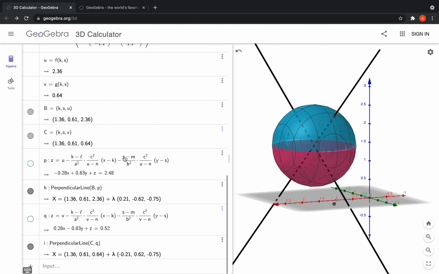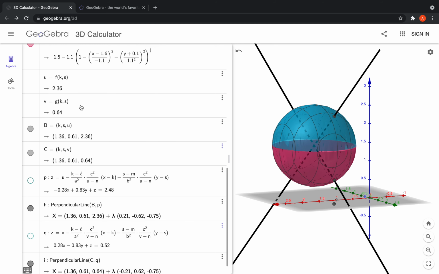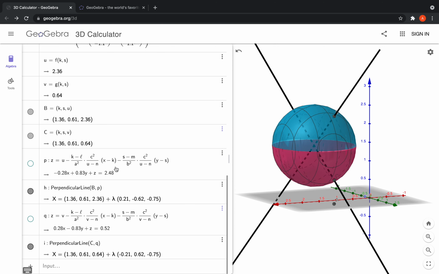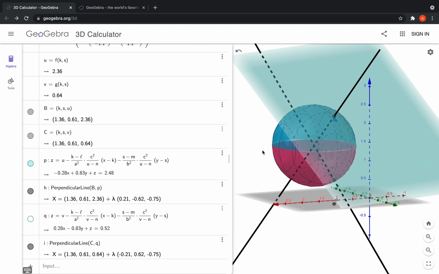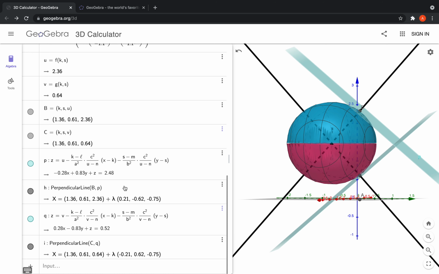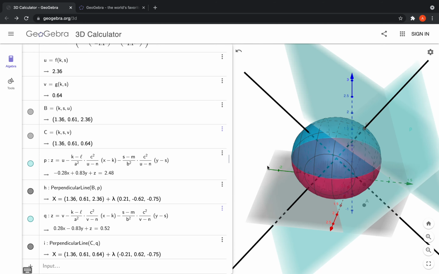I just replaced them with k and s, and they represent the same thing, but I just named them differently. So this is the tangent plane. As we have two points, we will have two tangent planes. In the first one I used u, and in the second one I used v. That's why I have two different tangent planes.